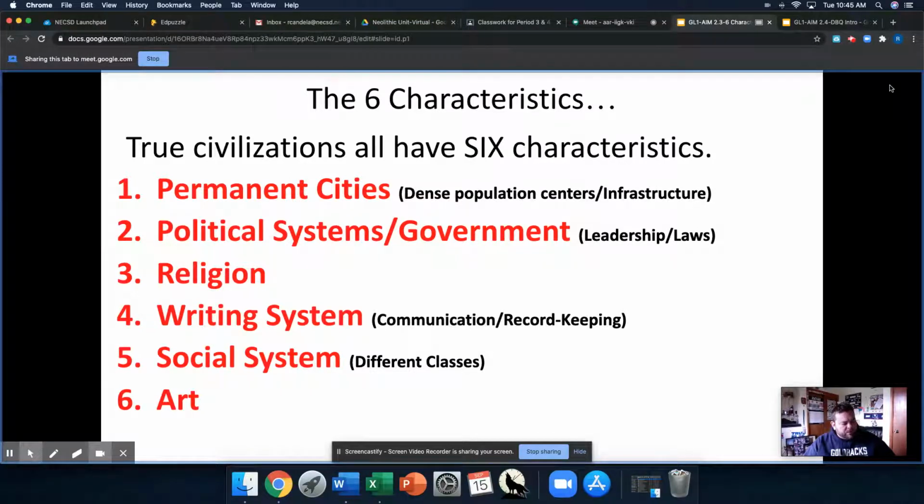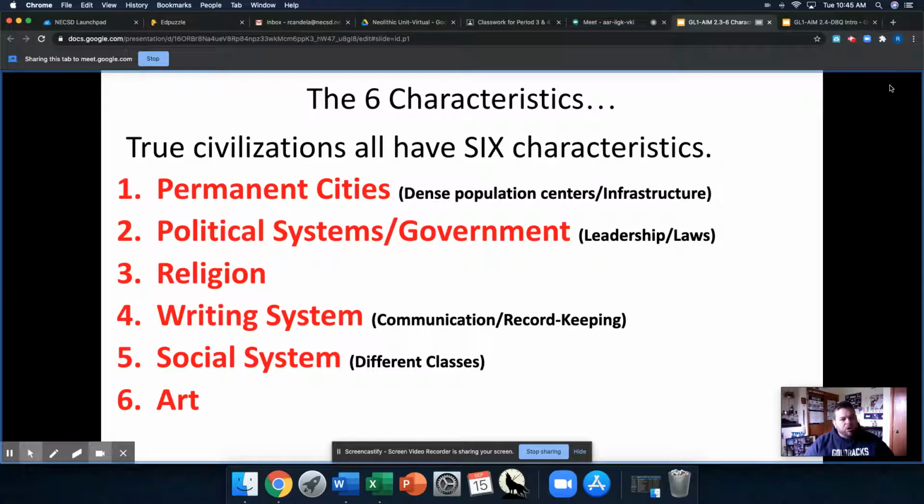For our purposes, we will use six characteristics of a civilization. Other people in other classes might use eight or five, but six is the number that we will use. So what we're saying essentially is that true civilizations have to have these six things. In order for a group of people to be considered a true civilization, they must have all of the following things.